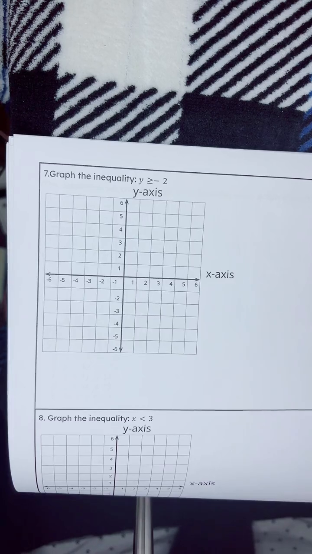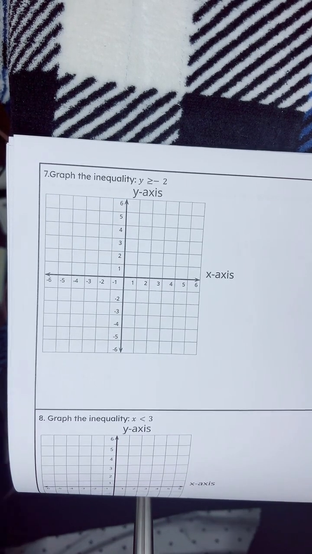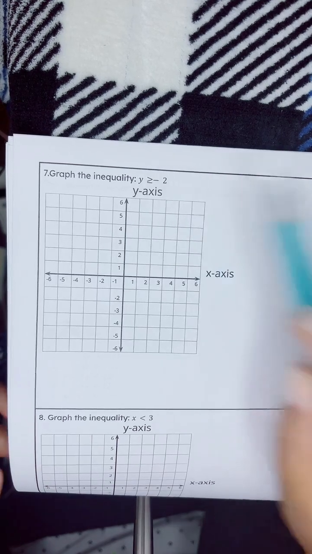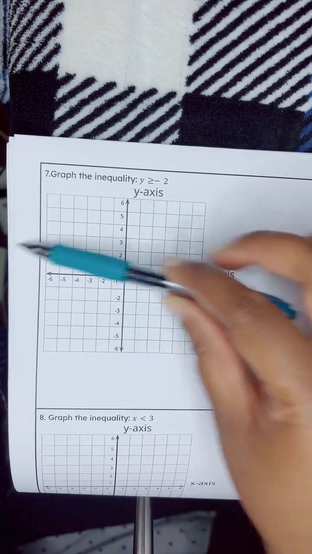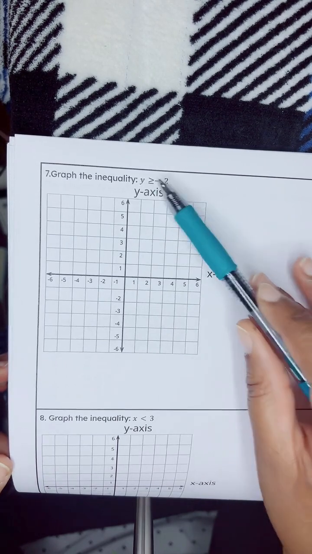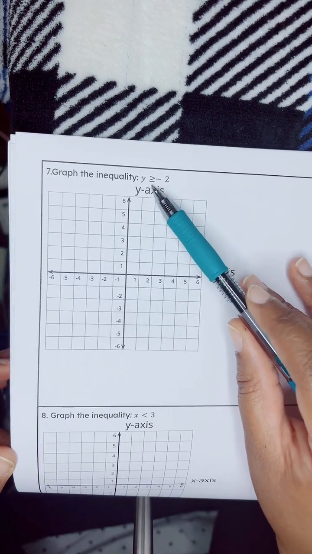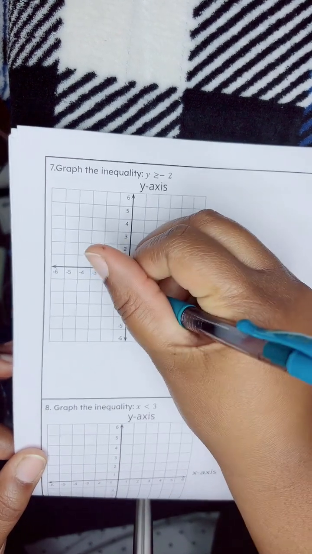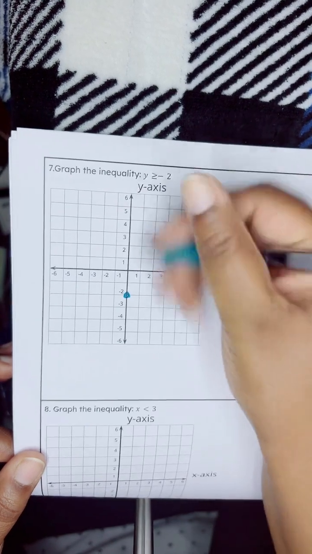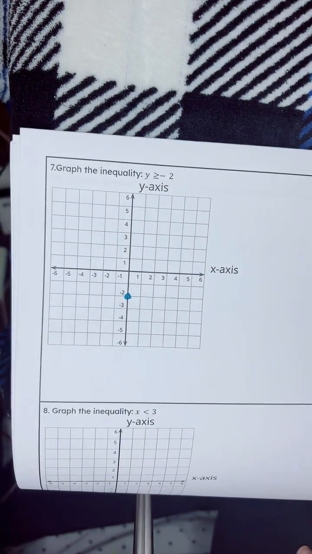Horizontal, yes. Left to right. Good. So now we know which way we're going, right? Now we know that y is greater than or equal to -2. So I'm going to put a point right here on the y-axis at -2.